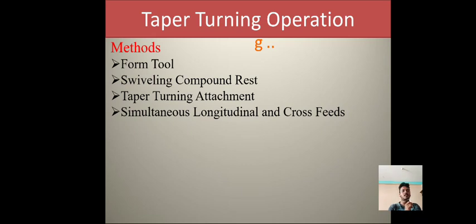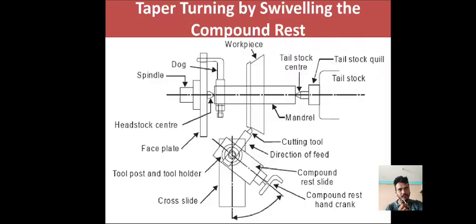Number 1 is form tool, number 2 is swiveling the compound rest, number 3 is taper turning attachment, number 4 is simultaneous longitudinal and cross feeds. Taper turning by swiveling the compound rest is very important, right? Nowadays we have adopted the second method, that is swiveling the compound rest.